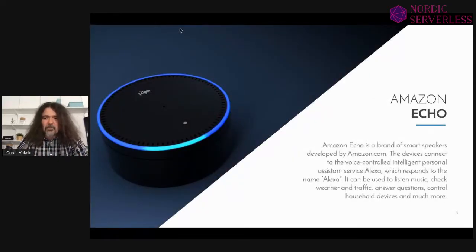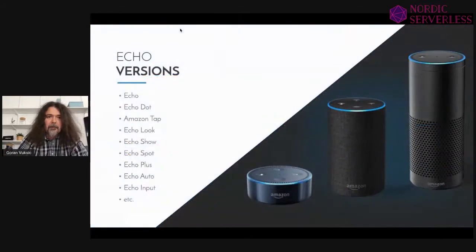So quick about Alexa or the Amazon Echo device. It's a smart speaker. You can talk to it, ask about the weather, the traffic, and so on, but you can actually do much more. Echo comes in many versions, like you can see 3 devices here on the screen. On the far right is the first generation with 2 buttons on top.